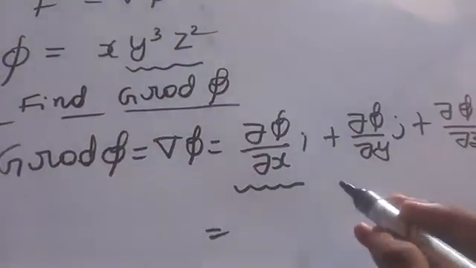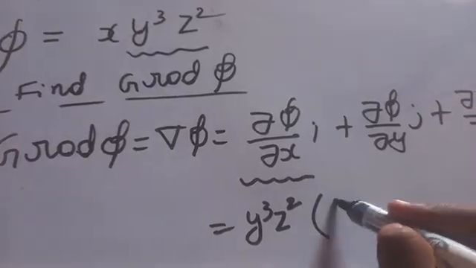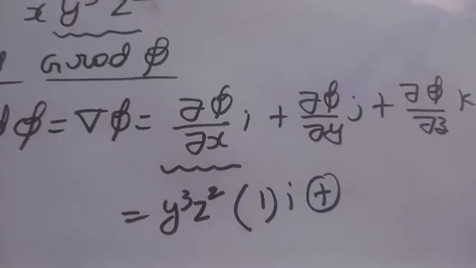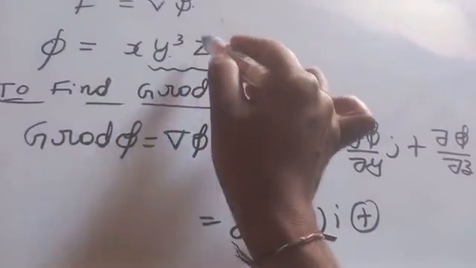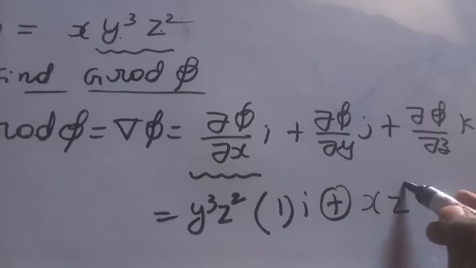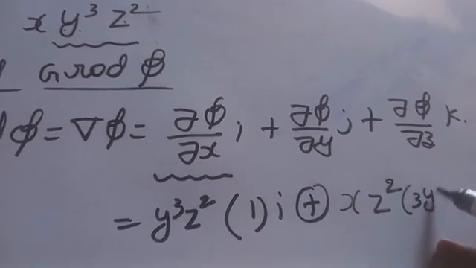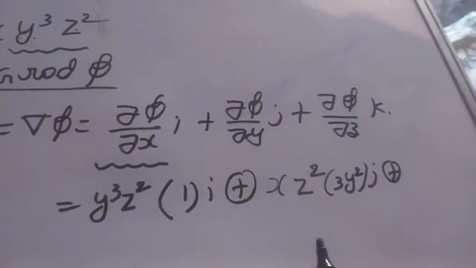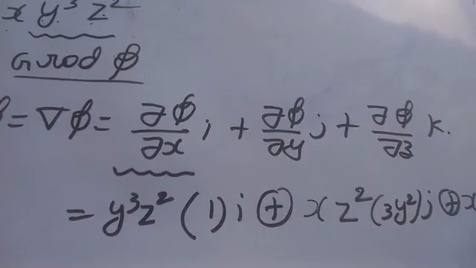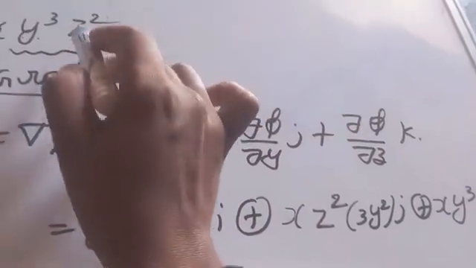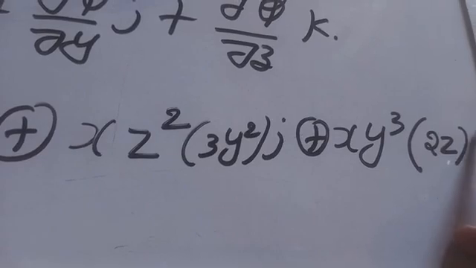Here y cube and z square are constant with respect to x, and the derivative of x is 1, times i. Second, ∂phi/∂y: with respect to y, x and z square are constant, and the derivative of y cube is 3y square, times j. Then ∂phi/∂z: with respect to z, x and y cube are constant, and the derivative of z square is 2z, times k.